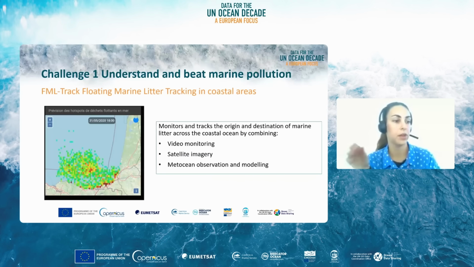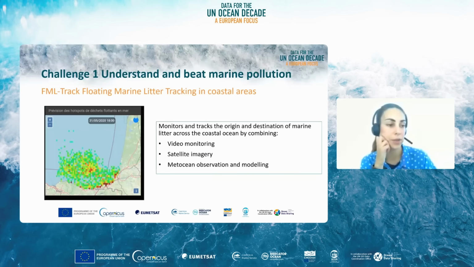So here is an example of a solution developed using Copernicus Marine products. You can find this use case as well as the other ones I'll share today on the Copernicus Marine website. So this solution is called FML Track, and it offers an innovative way to help reduce floating marine litter in coastal areas.